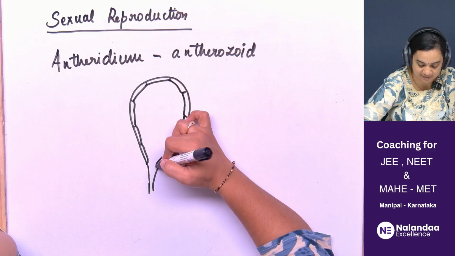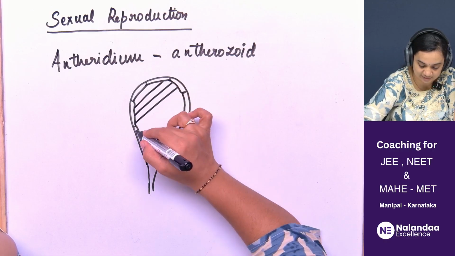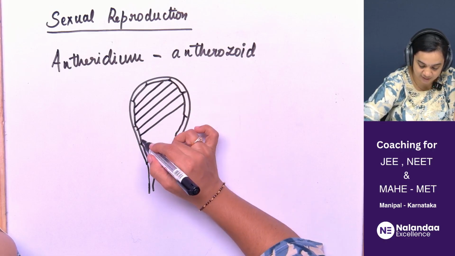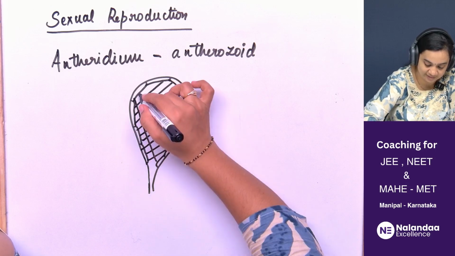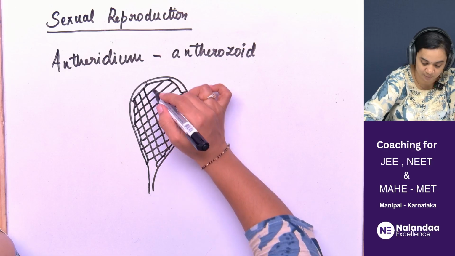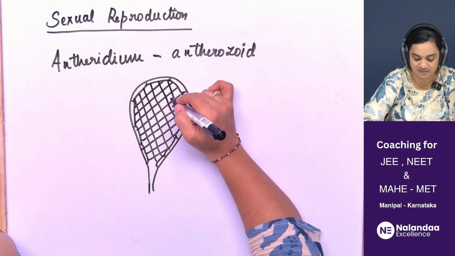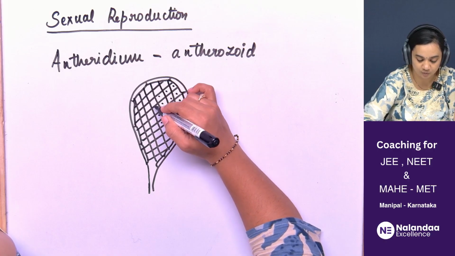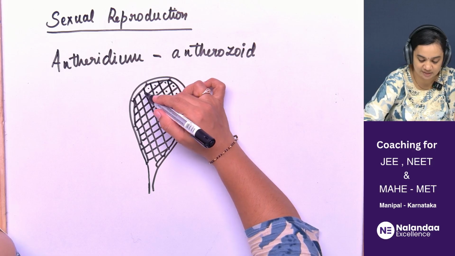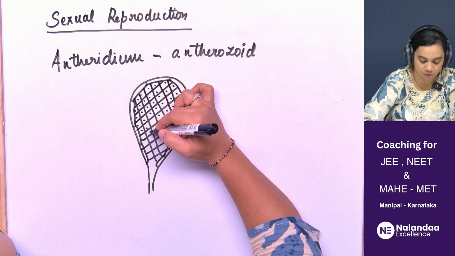There's an outer jacket layer inside which there will be tiny cells present, each of which we call antheridial initial, which means a cell with the potential to develop into an antherozoid. It's just an immature antherozoid. So each of these cells on maturity will develop into an antherozoid.